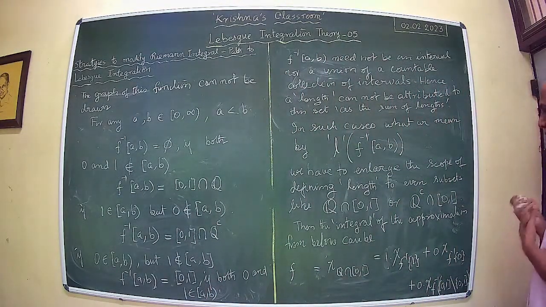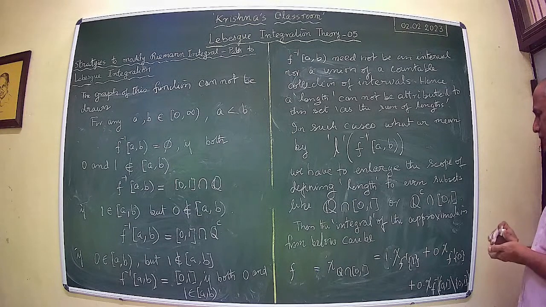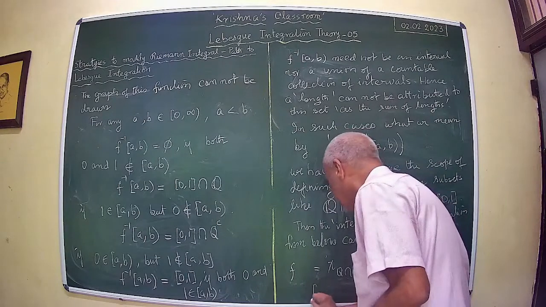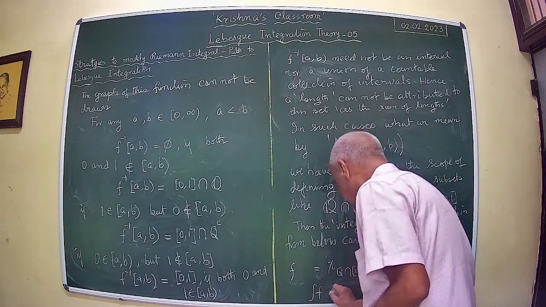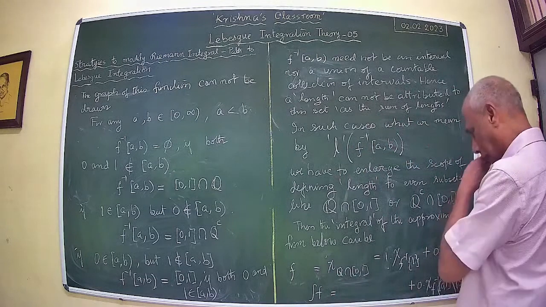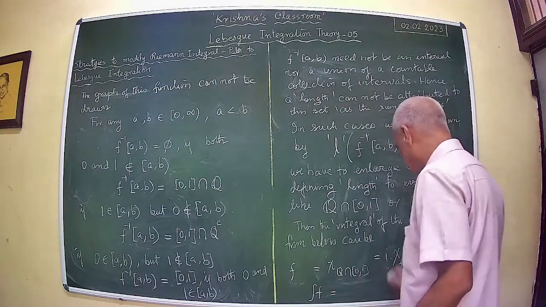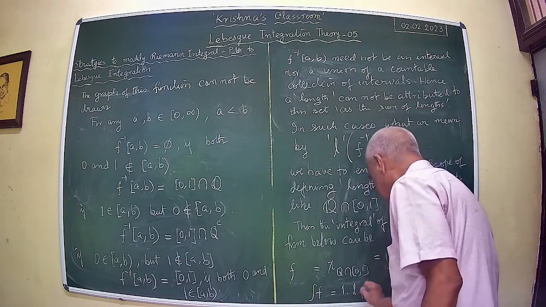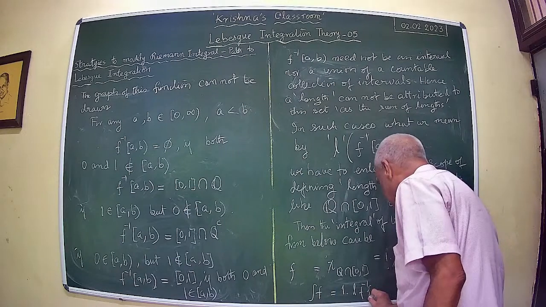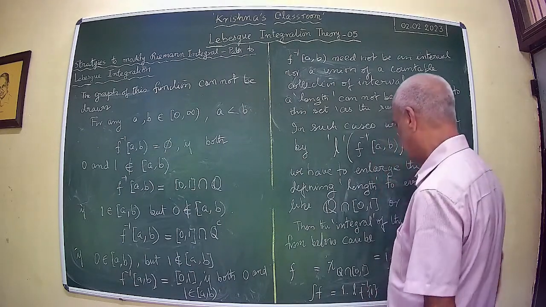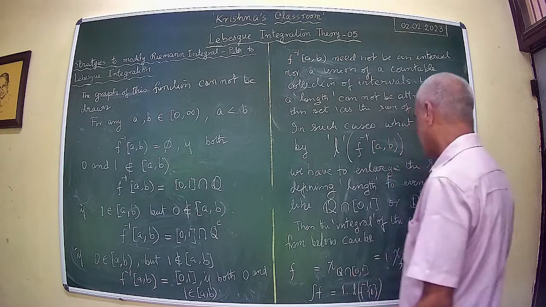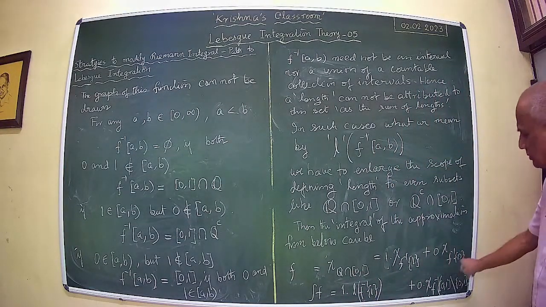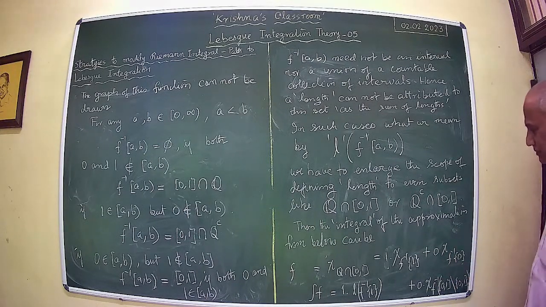Therefore, what is the area enclosed? The area enclosed is going to be this. So we will have integral f equal to, in this case, 1 into length of f inverse of 1, plus 0 times this, and under normal logic this is going to be the area.